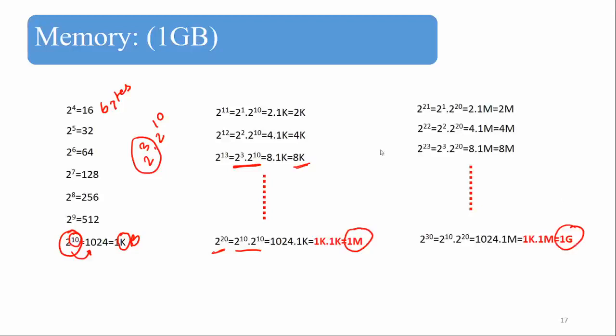So this time I can ask randomly, 118. Can you hear me? Yes, sir. If we have an address of 2 to the power 26, how can we express this value in terms of gigabyte? In terms of gigabyte. Yes.